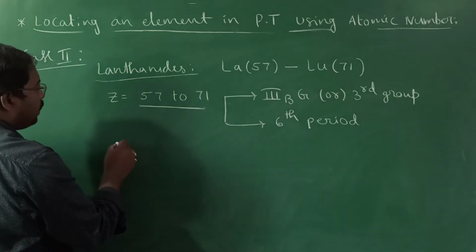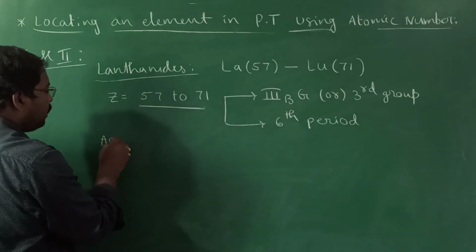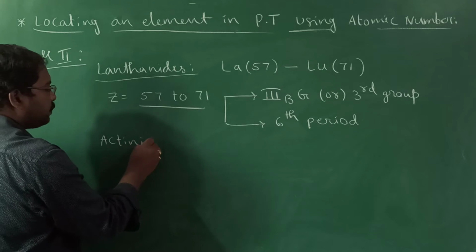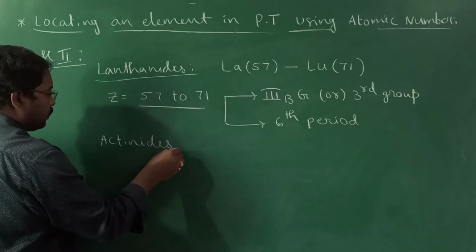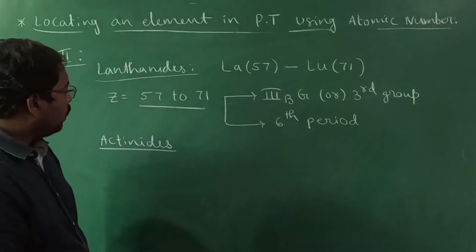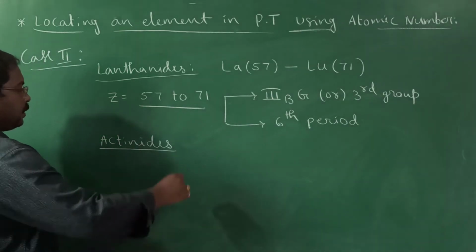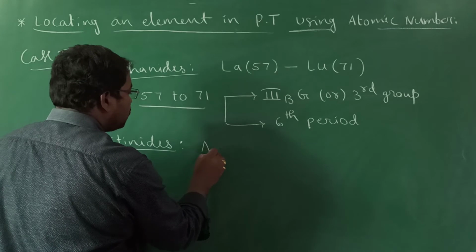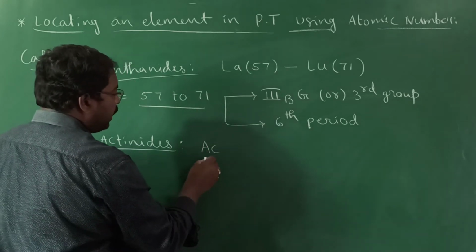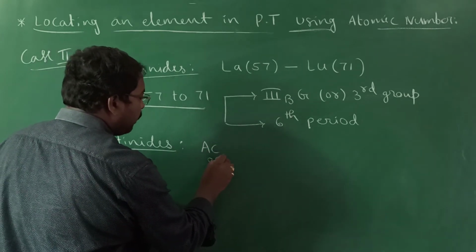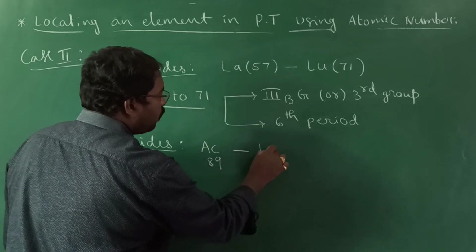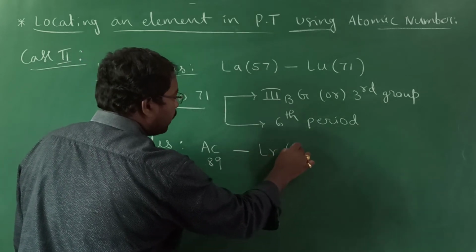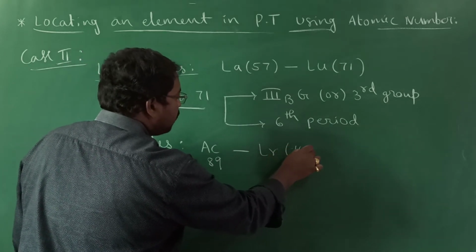Now coming to the actinides. In the case of actinides, what do we have to do? We know actinides means the elements that follow actinium, with atomic number 89, up to lawrencium, with atomic number 103.